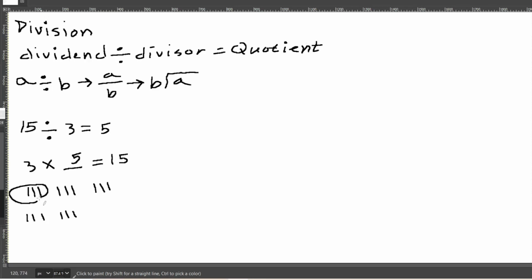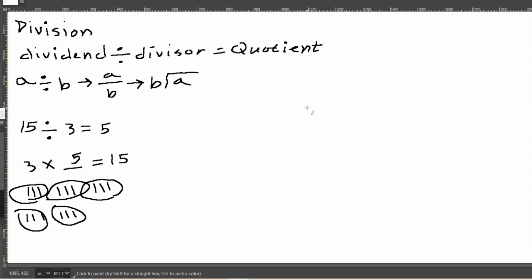Well, because I have 5 groups of 3, right? If I were to break these apart, maybe I have 5 friends and I wanted to give each one a candy. One friend gets a candy, one friend, one friend, one friend. Each friend would get 3 candies anyway. So this is the idea: the quotient ends up being the groups, right?